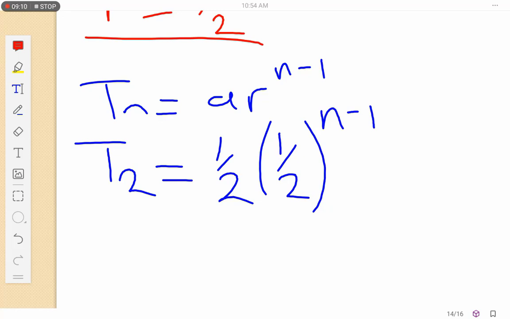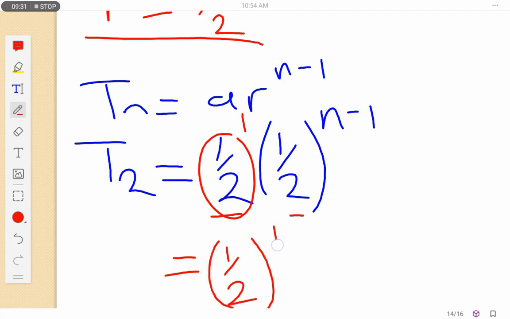So this becomes our general formula, but you can even simplify this because we have got here a half. So this is half to the power of 1, and when we are multiplying like this, we've got a common base there, so we can add the powers there. So it means I'll have half to the power of 1 plus n minus 1.